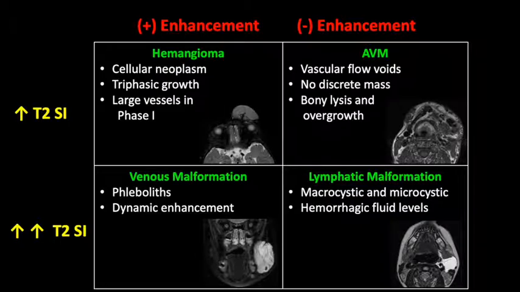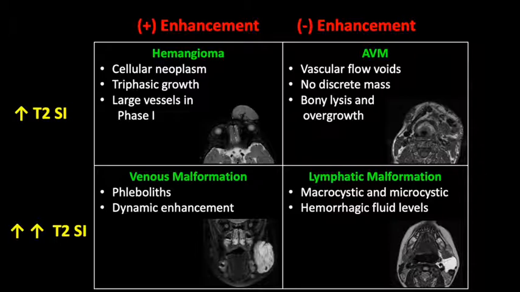We saw how AVMs are really characterized by the presence of vascular flow voids without a discrete mass. They can give you a little bit of enhancement and a little bit of T2 signal intensity on the basis of tissue edema, but really what we're looking for are those vascular flow voids to make that diagnosis.